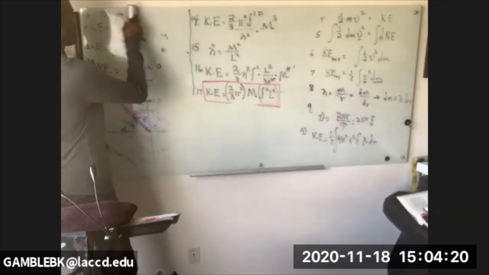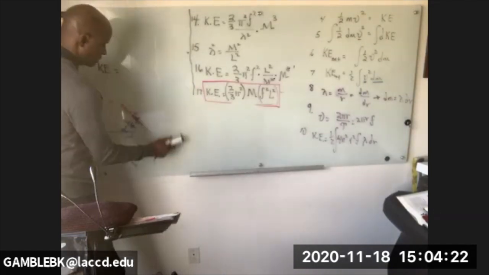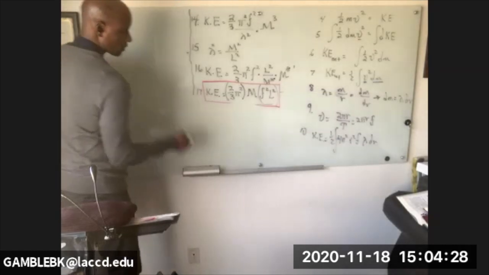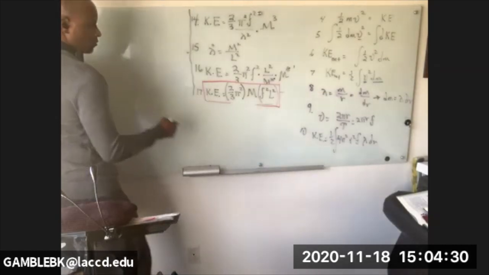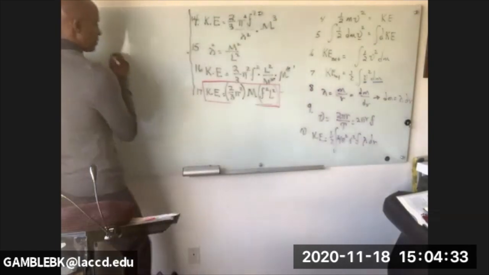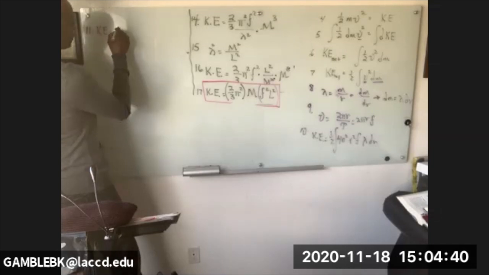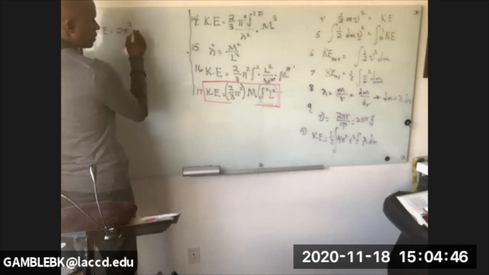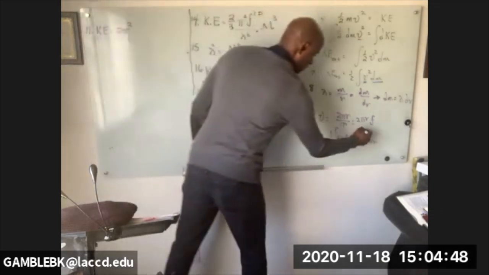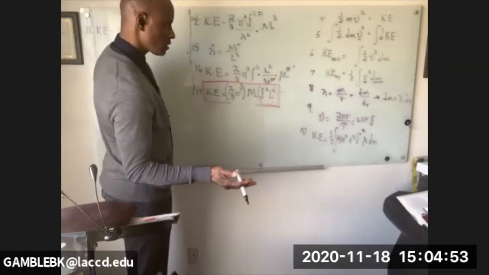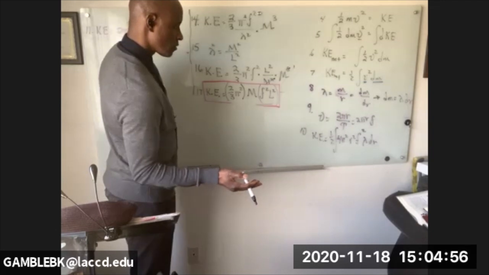So then integrating, the 1/2 and the 4 will cancel, give me 2. So kinetic energy will be equal to 2 pi squared, oh, that's f squared. And the lambda is not squared, is it? No.